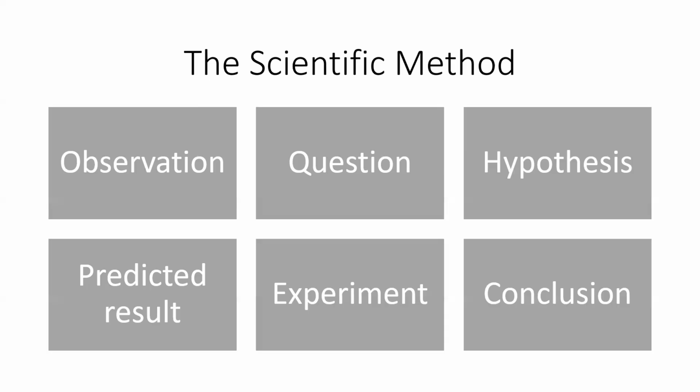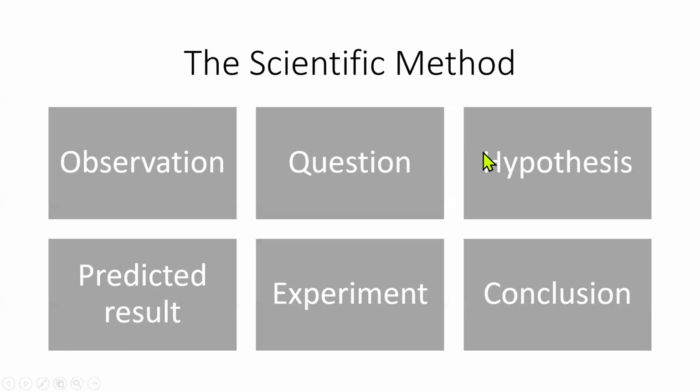There are a few steps involved, starting with observations, asking questions, making hypotheses, and so forth. This is just an overview slide. We're going to go into much more detail for each of these steps as we progress through today's class.